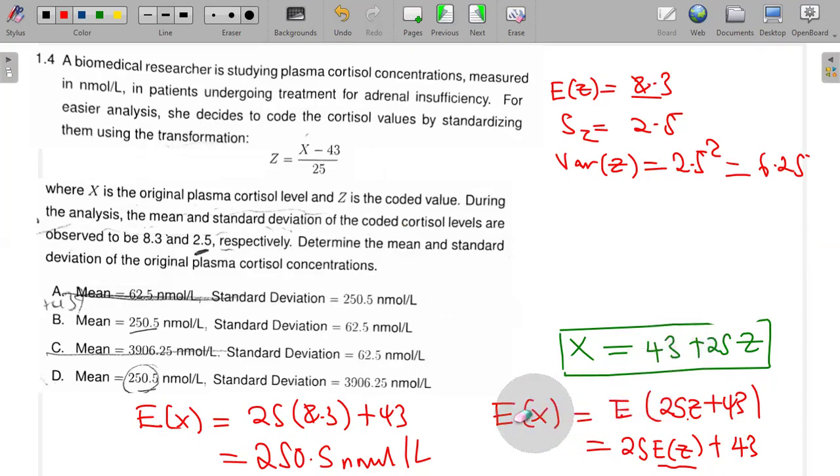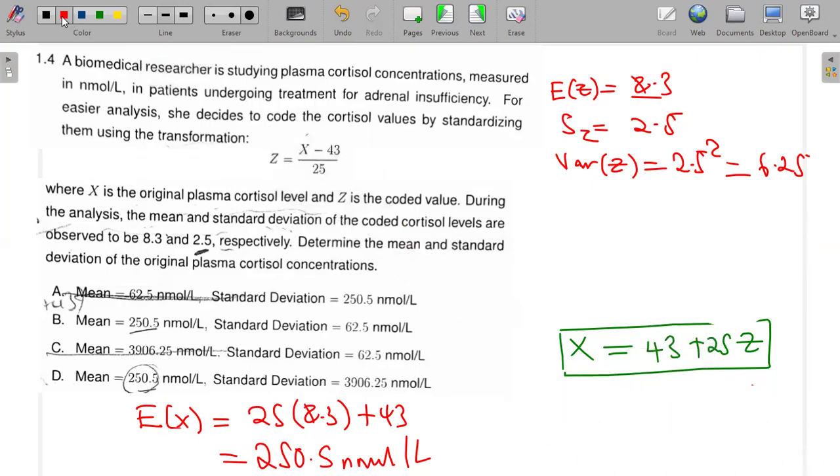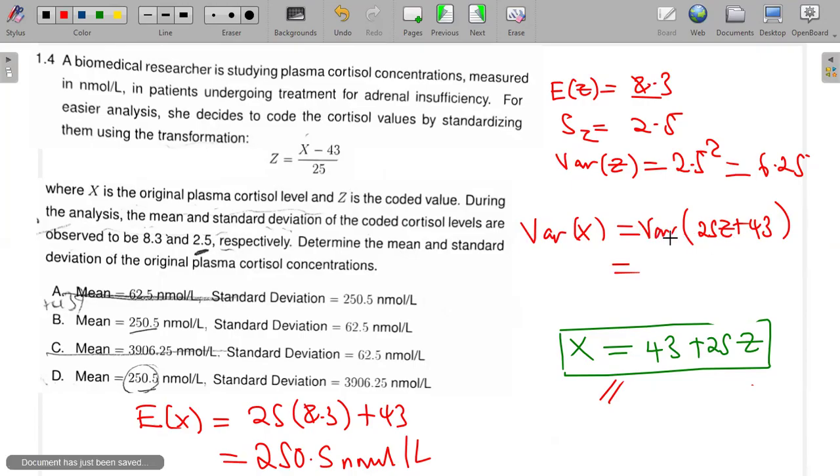But for us to find the standard deviation, we need to use the formula for the variance. So the variance of X is equal to the variance of 25Z plus 43. I'm using this equation here. When you distribute the variance to the 25Z, if I factorize the constant from the variance, it's going to be 25 squared, and then the variance of Z, plus the variance of the constant.